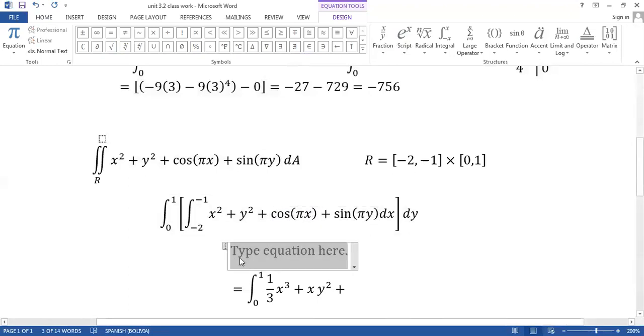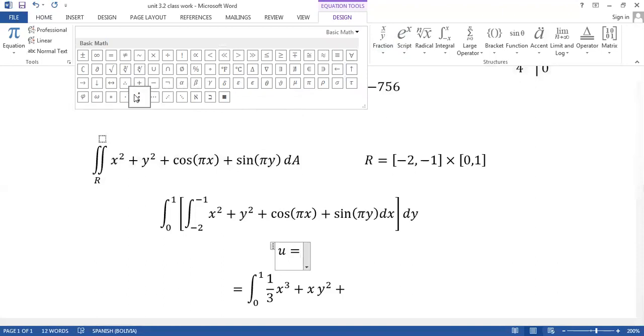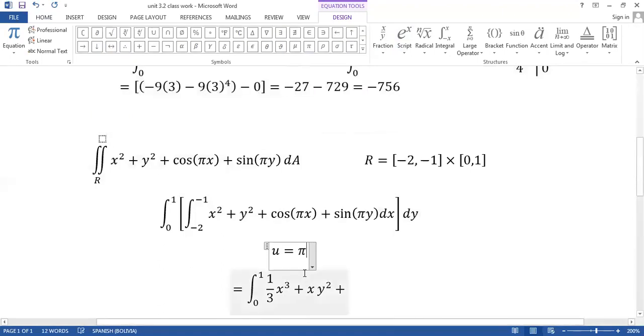We're going to say u is equal to pi x, using substitution, and du is equal to pi dx.